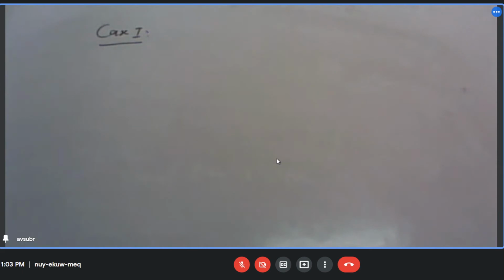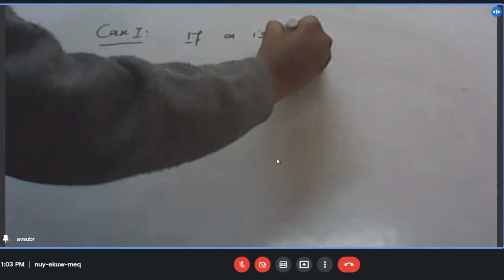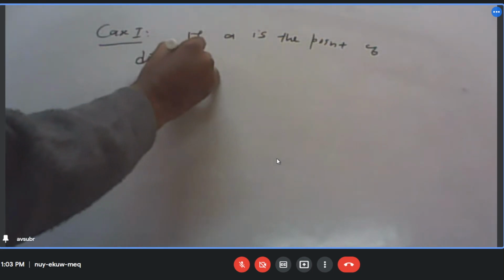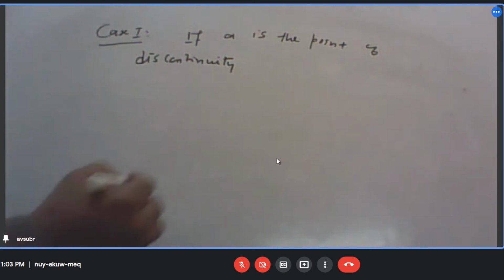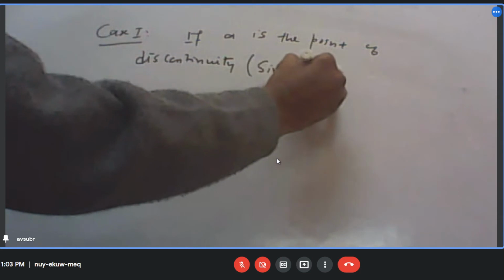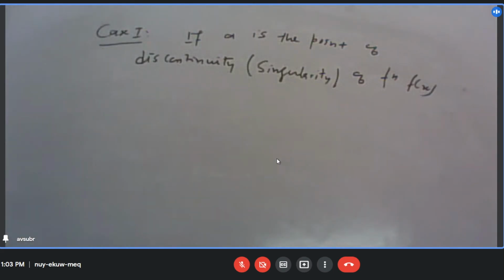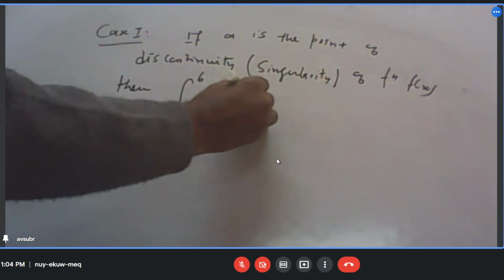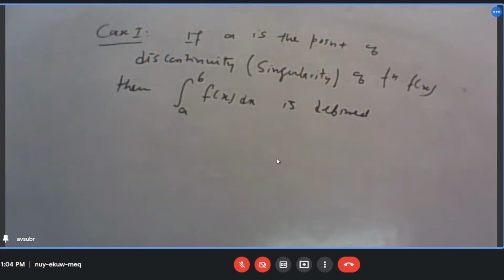The case number 1 is that let us say A is the point of discontinuity, that is, the singularity of function f. Then this improper integral is defined as follows.